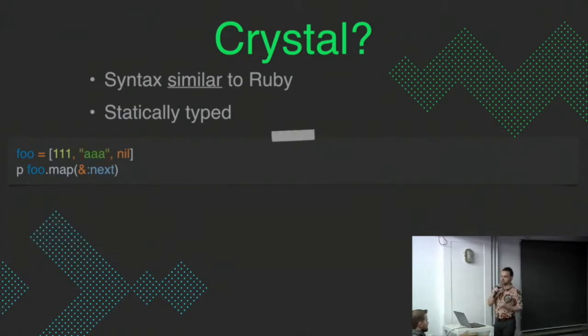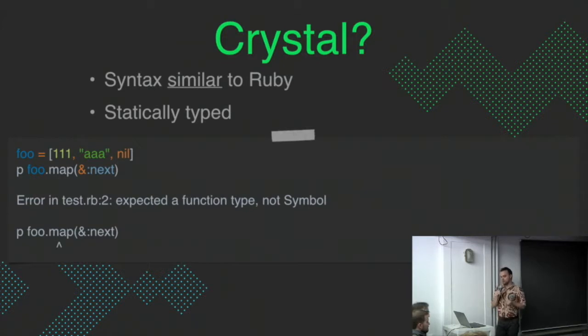So we change the quotes to double quotes and try running it again, because it should work now, right? Well, not, because now Crystal says that it expected a function, not a symbol, inside map. Because for some reason, Crystal uses dot notation, like you're calling a function inside map, not a symbol notation.